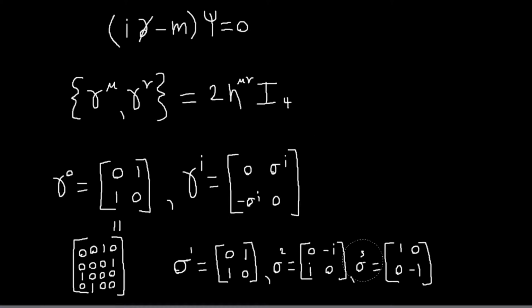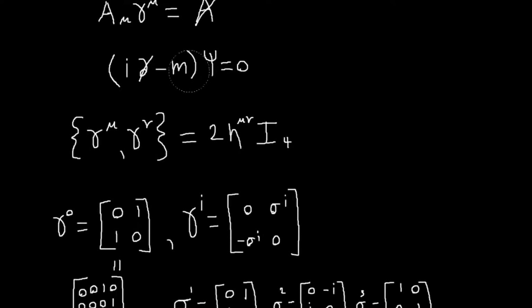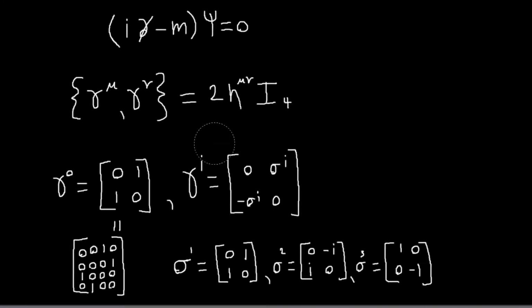So basically, these gamma matrices satisfy this anti-commutation relation, but there isn't a unique set of matrices that satisfies this. One that we'll commonly use is known as the chiral representation, where gamma 0 is this and gamma i are these things.